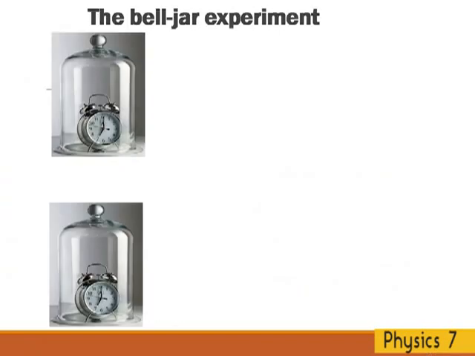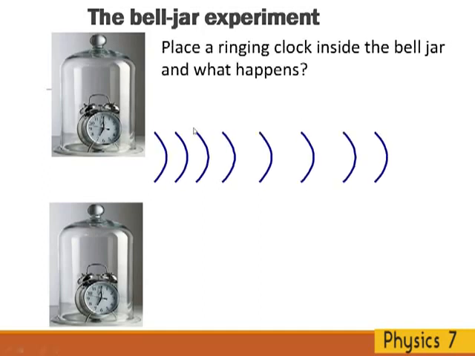Now, there is a fascinating experiment which is usually done in laboratories to prove that in order for sound to actually be produced, it needs a medium. To explain what that means, let's have a look at the diagram. If you were to place a ringing clock inside of this bell jar, what do you think would happen?